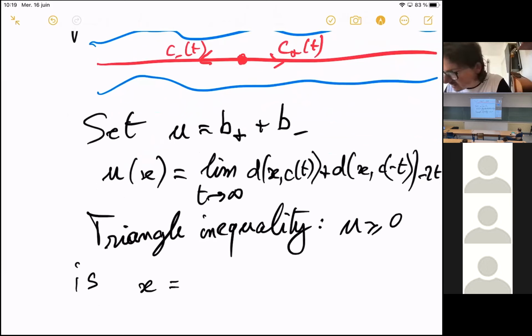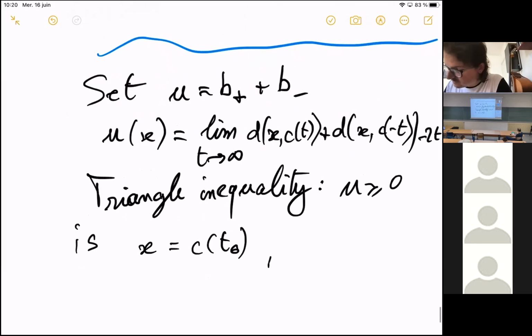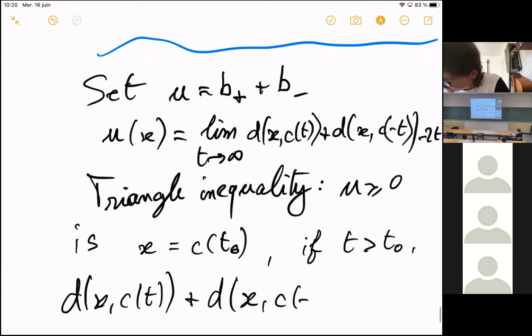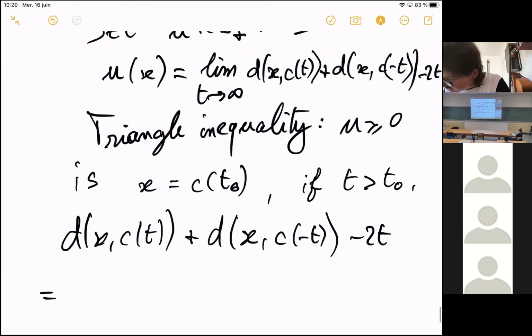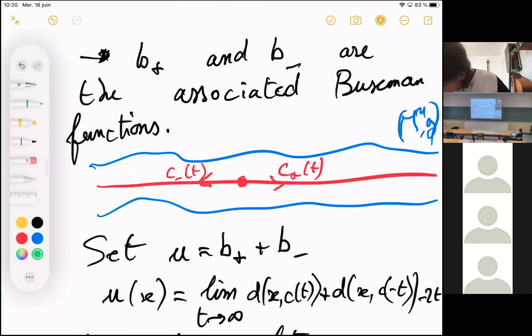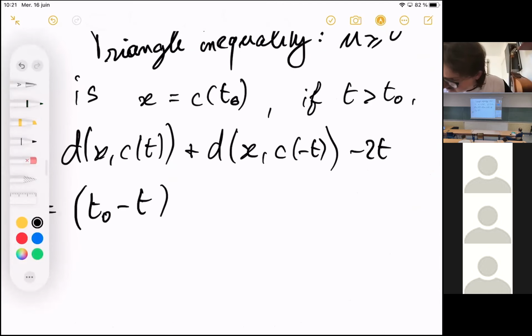And if x is equal to some C of t naught, and t is bigger than t naught, then d of x, C of t plus d of x, C of minus t, minus 2t will be equal, since we have a line, to t naught minus t plus t naught minus t minus 2t... Basically here I'm picking some point C of t naught, and the distance between here and here can be computed since we are on a line, actually, not a ray.